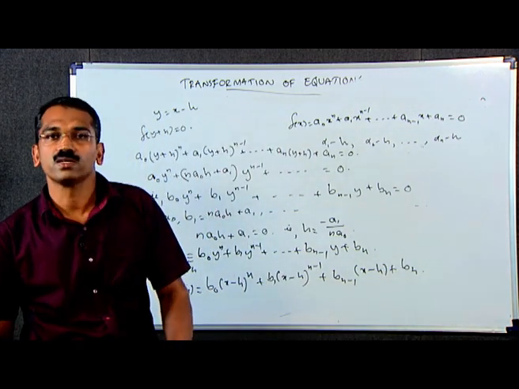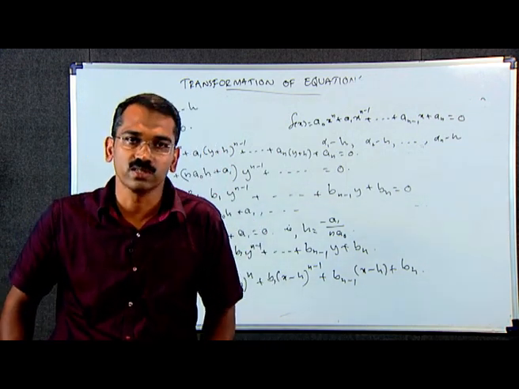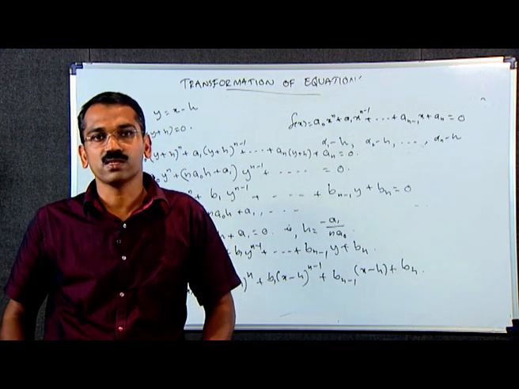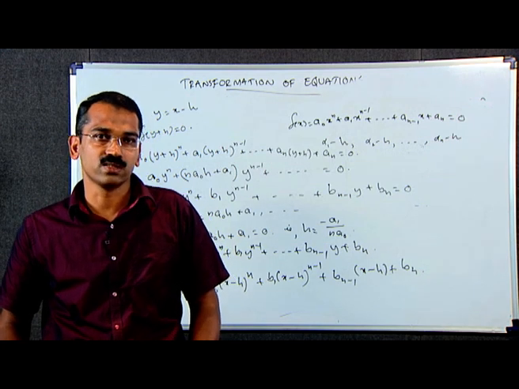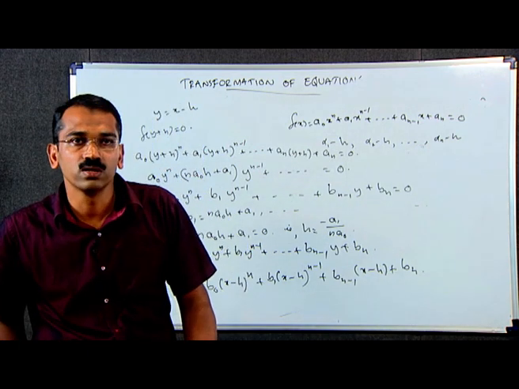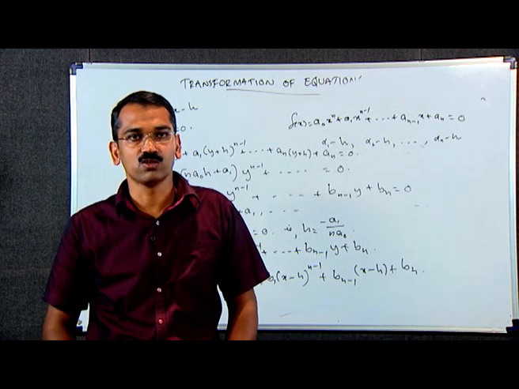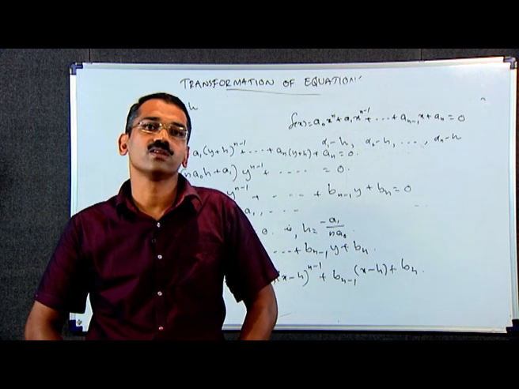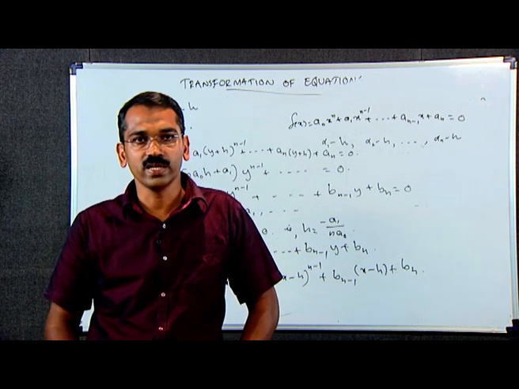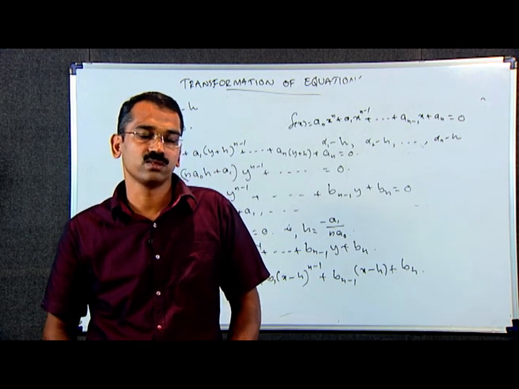From this, it is clear that the coefficients bn, bn minus 1, bn minus 2, etc., are the successive remainders obtained when f of x is successively divided by x minus h. The successive remainders bn, bn minus 1, bn minus 2, etc., that is the coefficients of the transformed equation in the reverse order, are easily obtained by resorting to synthetic division. Note that to increase the roots of an equation by h, we have to decrease the roots by minus h.